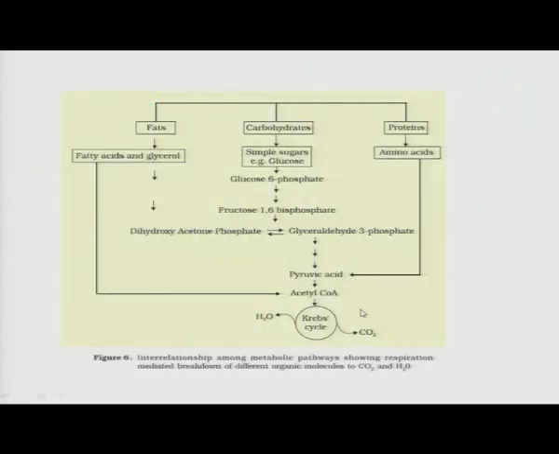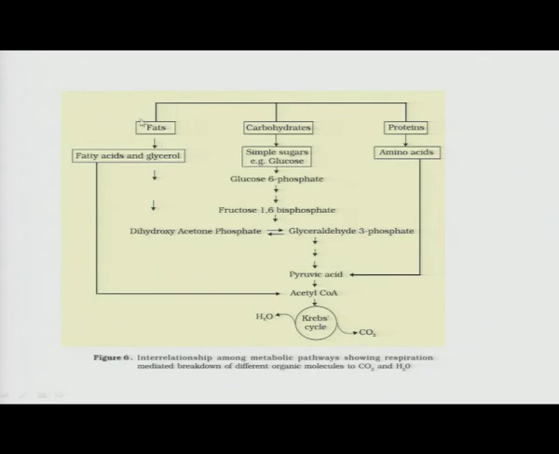In this slide, the carbohydrate, which is the most common respiratory fuel for respiration, is converted into a simple sugar, that is glucose, which is easily digestible or easily available in our body. That is converted into glucose 6 phosphate, fructose 6 phosphate and finally, it enters the Krebs cycle.